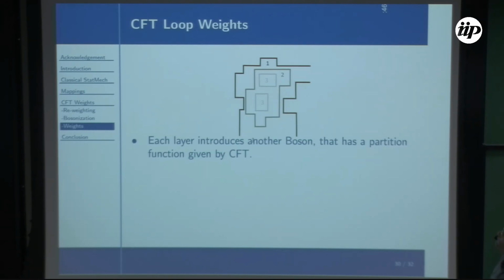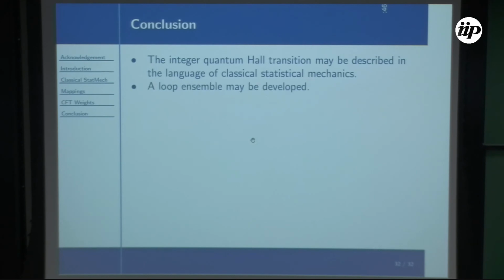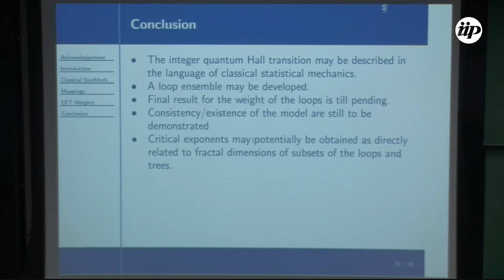And hopefully one of the sets will be one that corresponds to taking the system off criticality, much like in percolation, and that would allow us to compute the critical exponents of the system. So yeah, that was my conclusion, and I think I'm done.